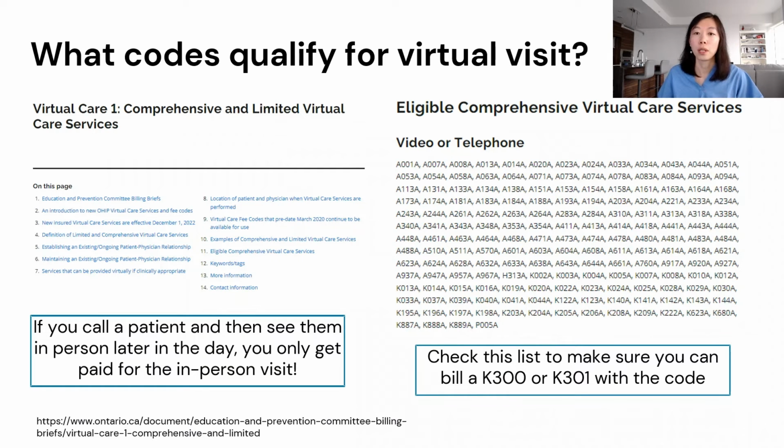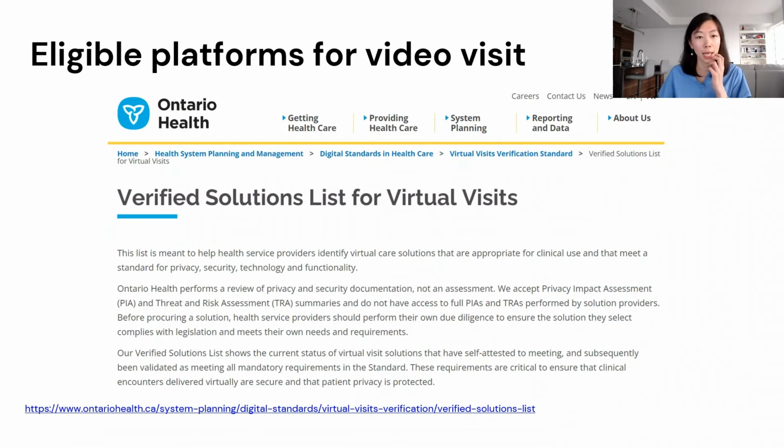So use this as a reference, especially if you do a lot of virtual care. And this is another reference that you can use if you want to make sure that the online system you're using for virtual care actually is a verified vendor, a verified provider for virtual visits from a confidentiality perspective.